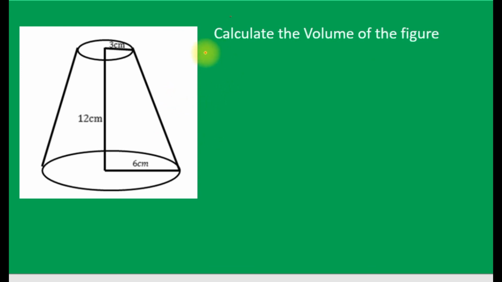I told you that the volume is always 1 over 3 pi d, (R minus r) squared plus 3Rr, where this d is 12, the big R, the radius of the big cone, is 6, while small r is 3. So without wasting time, this is just 1 over 3 pi, d is what? 12.